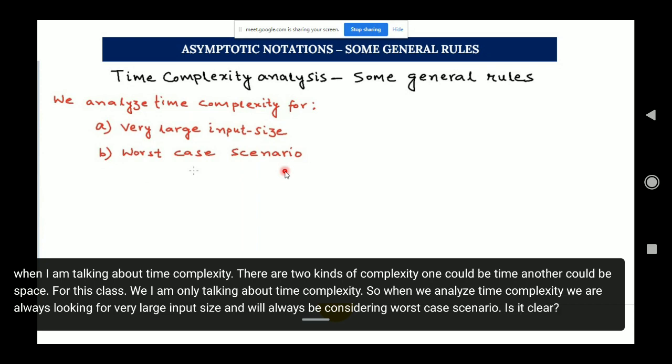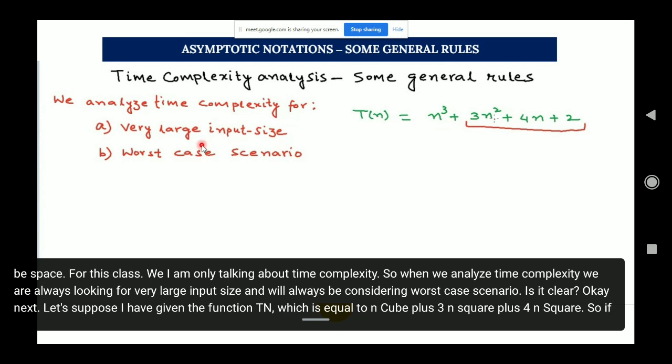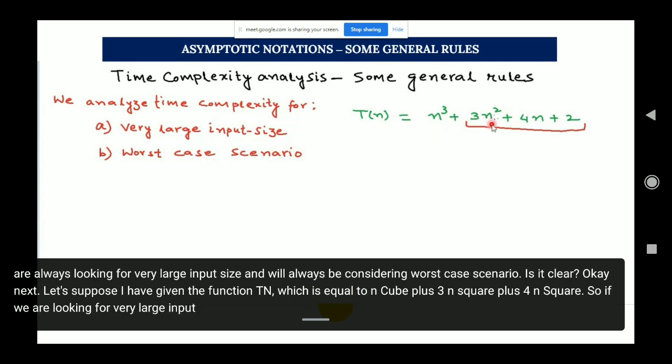Okay. Next, let's suppose I've been given a function T(n) which is equal to n cube plus 3n square plus 4n. If I'm looking at a very large input size, then the lower order terms become negligible. So what are we left with? The high order term.